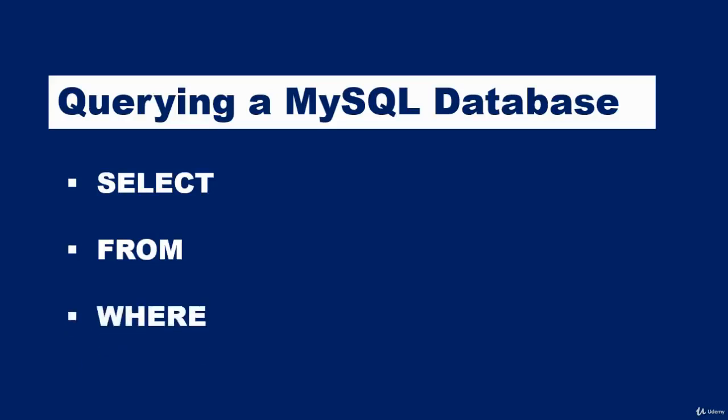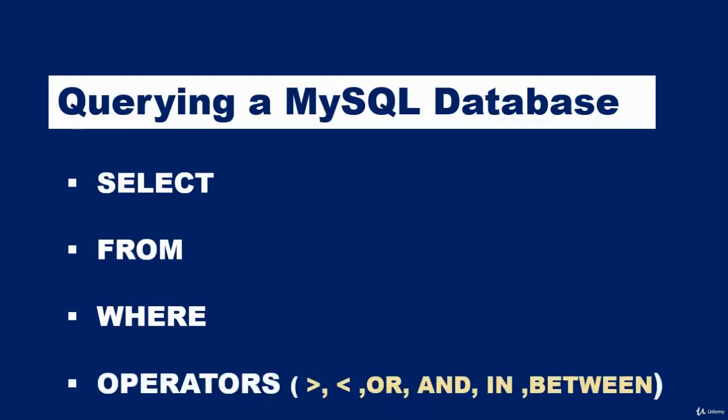A where clause is basically used to act as a filter so that you only retrieve from the query the information you want. Your select statement can also include operators. Operators could include things like greater than, less than, or, and, in, between, and so on.